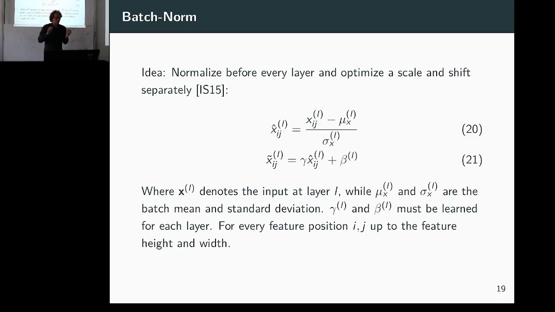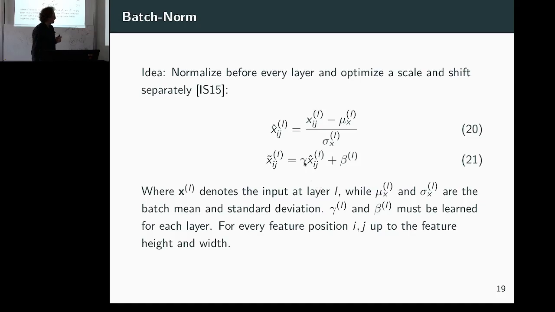And batch norm attempts to make this easier by restandardizing our distributions after every layer. But since we still want to be able to rescale things, there is now a learned parameter.